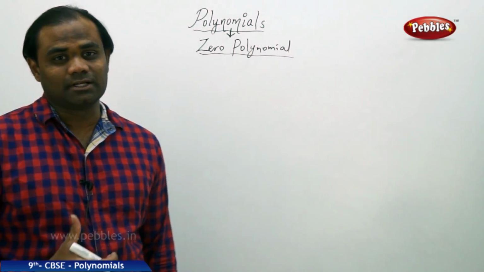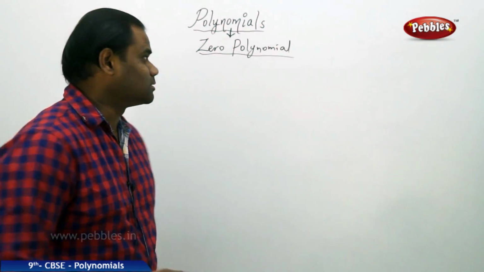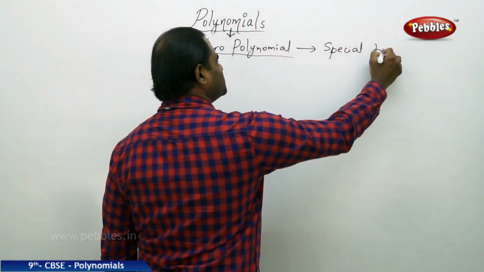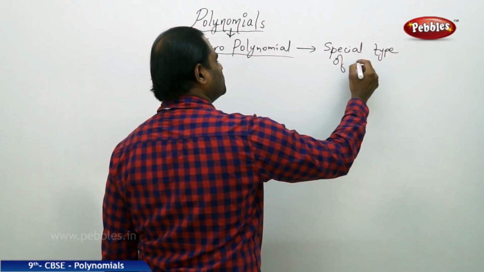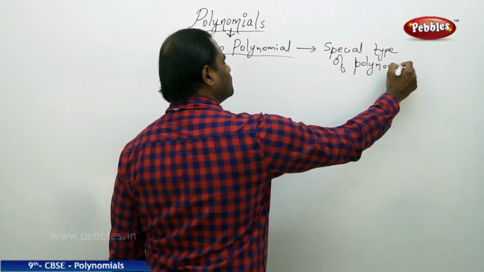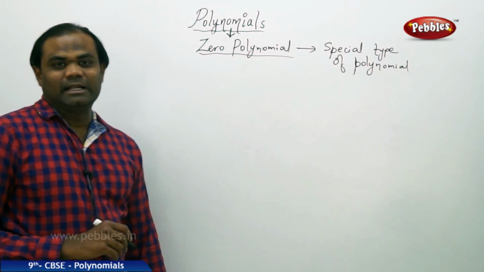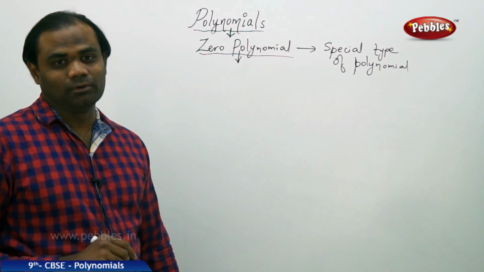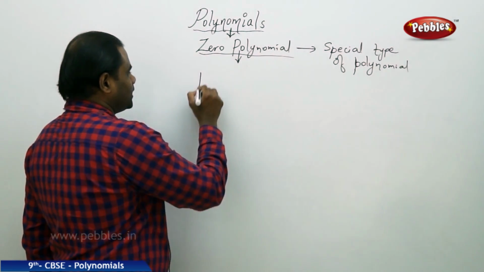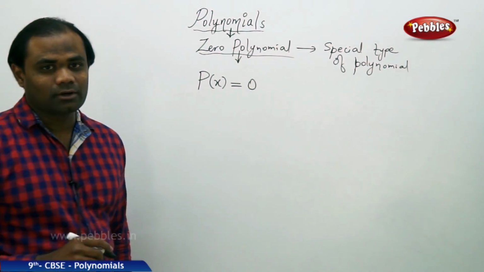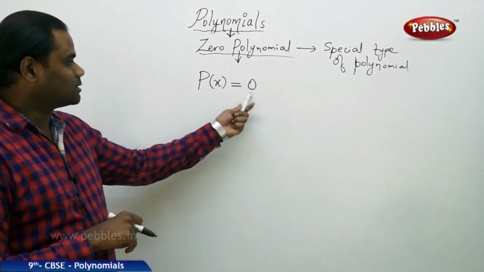Though its significance is learnt in higher classes, let's discuss its definition as a special case. Let's see how zero polynomial is defined in the topic of polynomials. A polynomial which equals 0, a constant polynomial whose constant is 0.